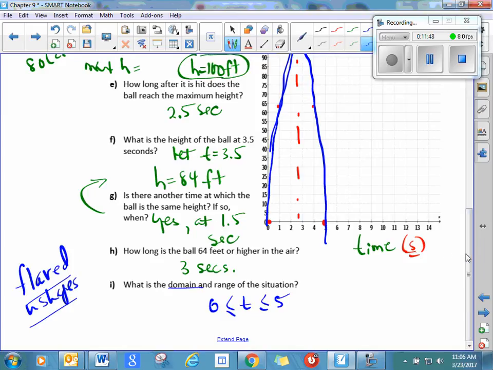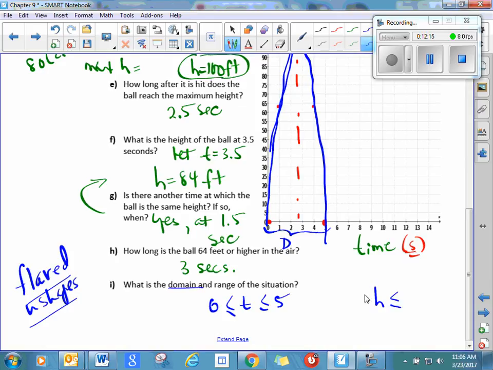In a word problem, it's different than when you're doing a mathematical parabola that goes on forever. Our domain starts at 0 seconds and ends at 5 seconds. So a valid domain are the x values, which are these. And then the y values, the range values, are the height.